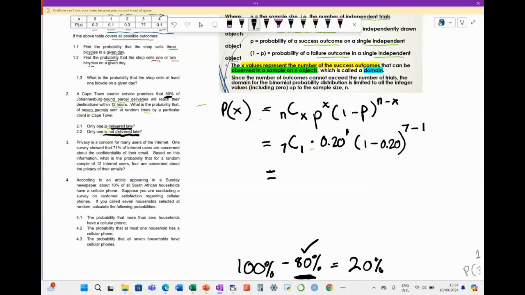So you have to punch in 7, then shift, and you should get your nCr on your calculator. I'm praying that you guys have this on your calculator. Do you have it on your calculator? That's the first identifier. Make sure you have it.